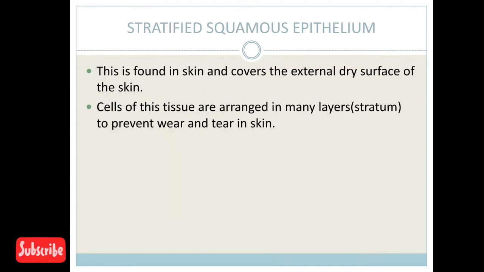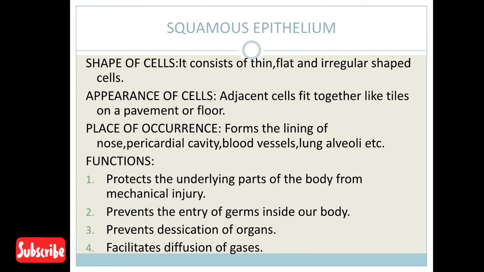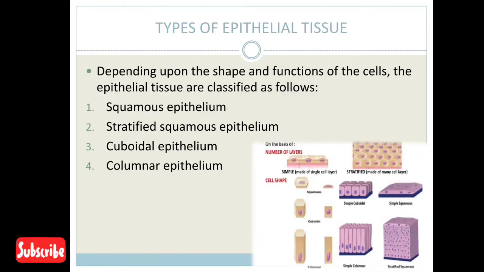Then the next is the stratified squamous epithelium. This type of tissue is found in the skin, and it covers the external dry surface of our skin. The cells of this tissue are arranged in many layers. You can see here the stratified squamous epithelium, with its cells arranged in many layers.